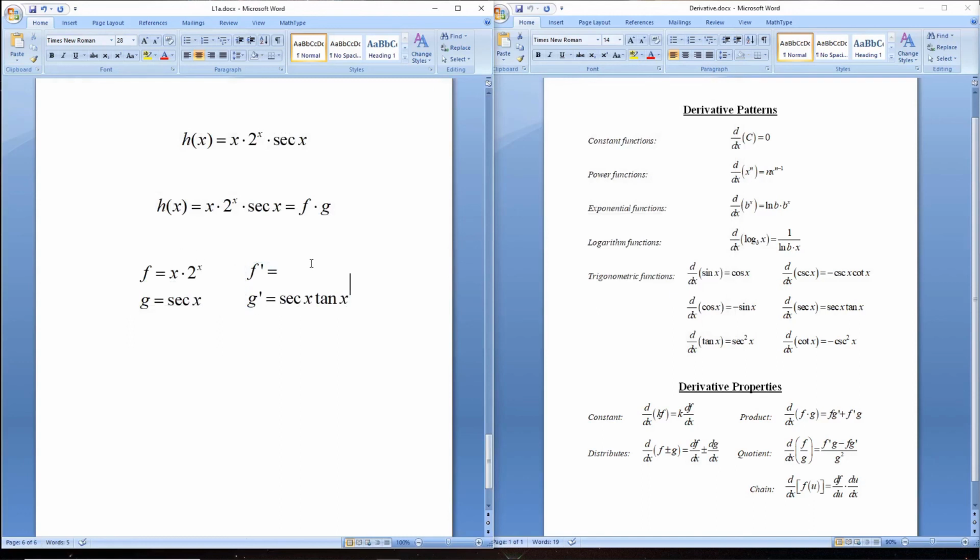So we're almost done, except we need the derivative of f. And the derivative of f, notice, is another product rule. So this problem is an example of 2 product rules. So what we're going to do is do another product rule here for f.